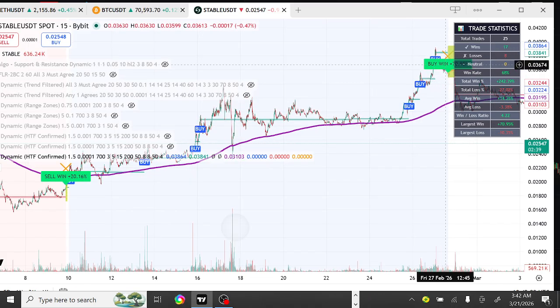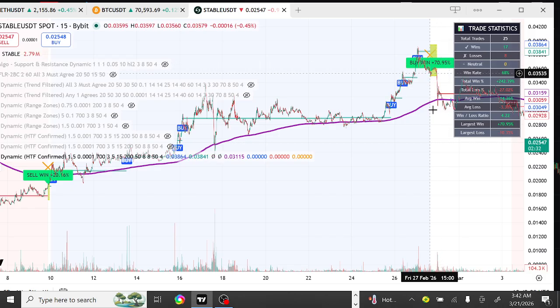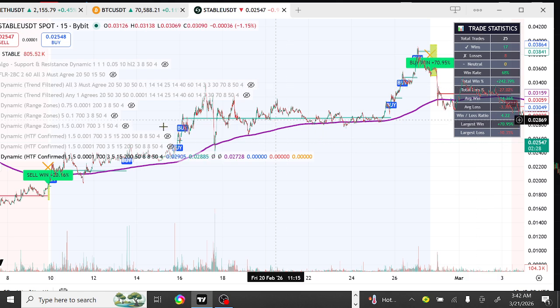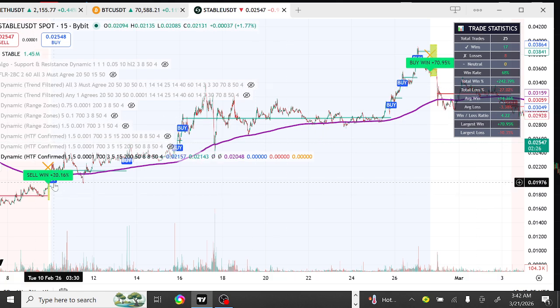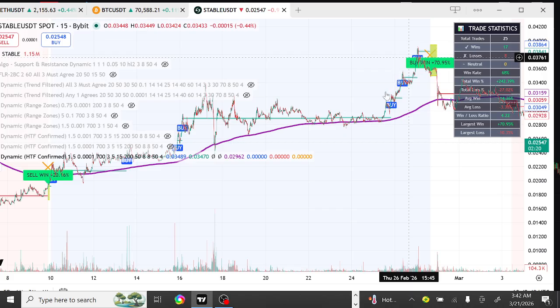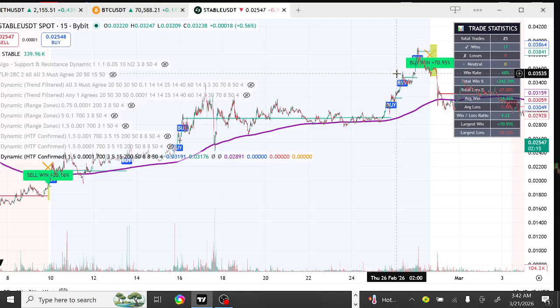So we made 20% here, 70%, this is 90% already. That's why you see this rate of 240 something percent win rate. So let's say you buy here, buy 100, 200, 300, 400, 500, 600, 700, 800. It keeps accumulating as it goes up.